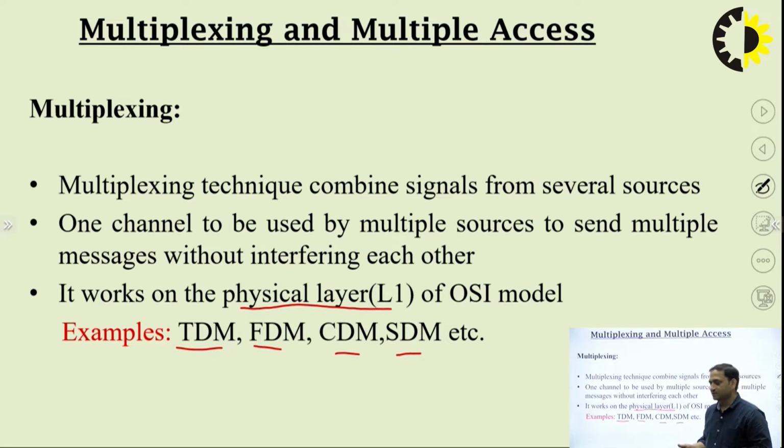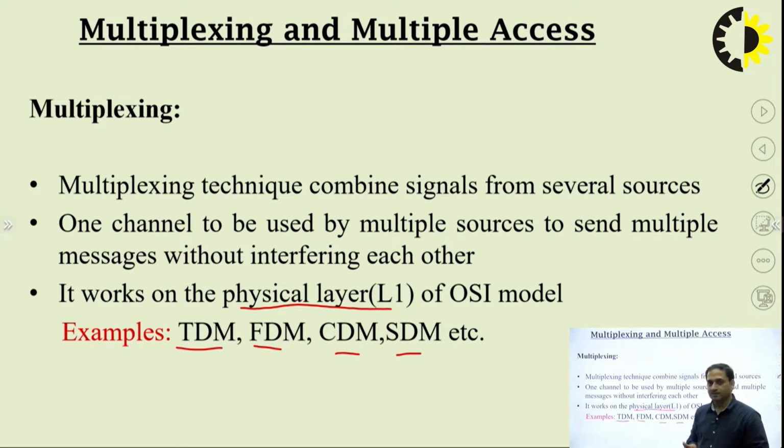In time division multiplexing, the complete time frame is divided into time slots, and each time slot is utilized by a different user. In frequency division multiplexing, different carriers are used to modulate the signals, so different channels are provided to different users to send their own data.